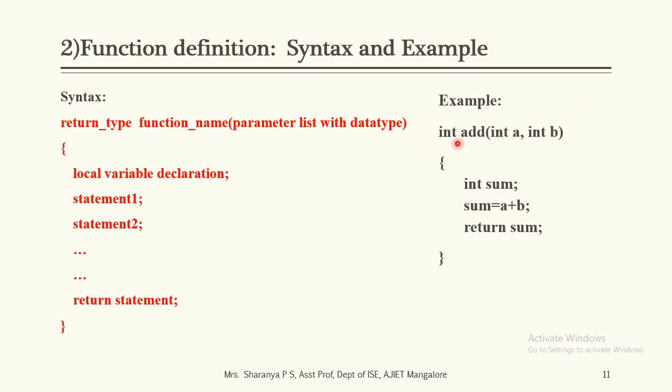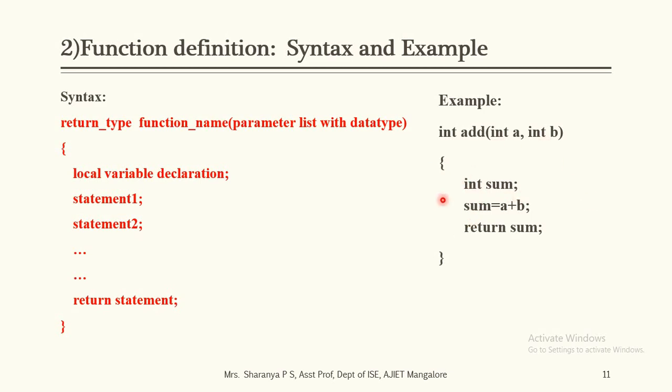What we write here needs to be similar to what we declared in the function declaration or function prototype, with one major change: we do not end with a semicolon, because we are defining the function. After that, we open the braces and close the braces. This is what we call the body of the function.